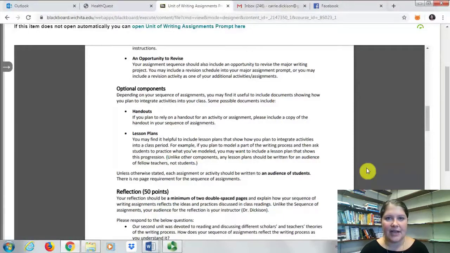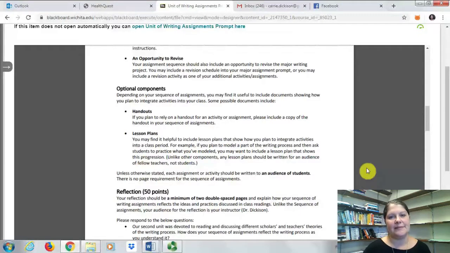And if you have an activity where you're working through a sequence of events in class, you may find it useful to include a lesson plan that lays out how you would plan to integrate that activity into the class. So for example, if you're modeling something and then asking students to go and do that for themselves, it might be really useful to include a lesson plan that shows, first that you're modeling this part of the writing process, and then you're having students go and work on that, and then talk about it in groups, and then reconvene, et cetera, et cetera.